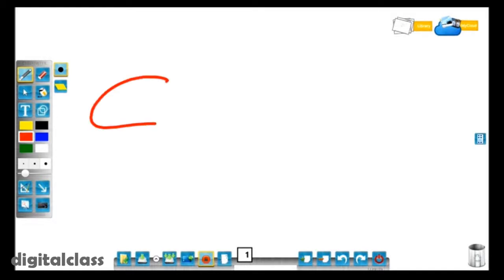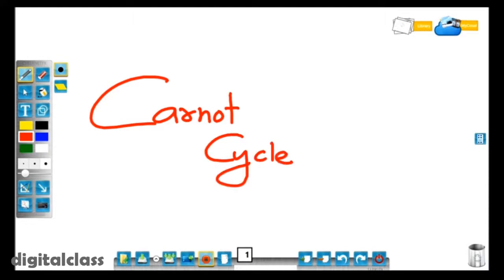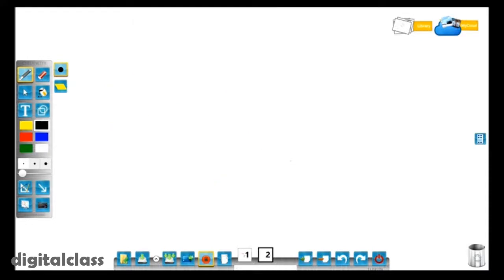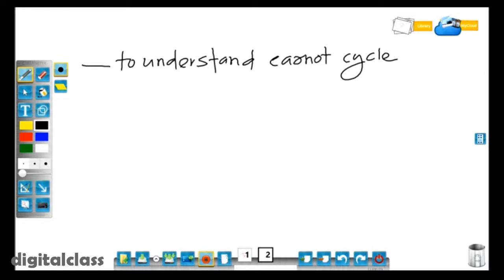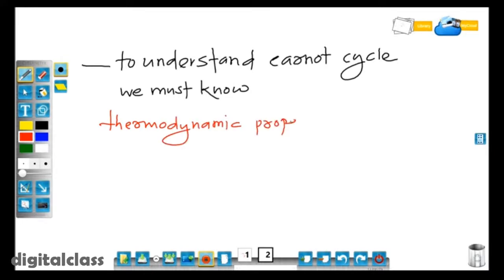Today we are going to see the Carnot cycle. First of all, to understand the Carnot cycle, we must know about the basic concept of thermodynamics, that is, thermodynamic properties, thermodynamic states, processes and cycle.